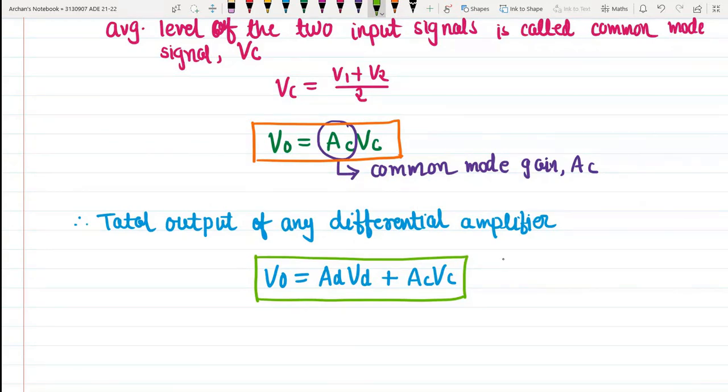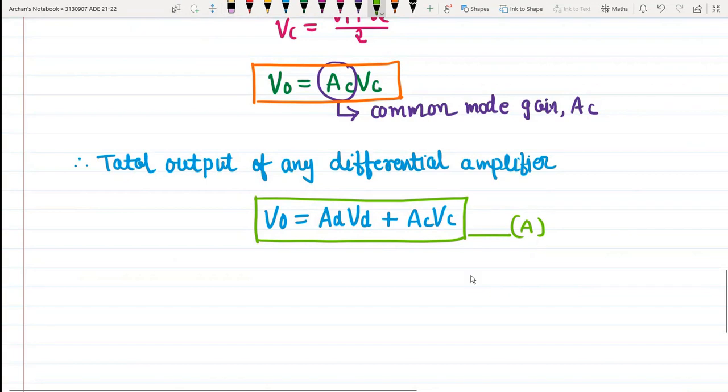Okay, now if you look back at this equation carefully, let us call it equation A. It shows that suppose one input is plus 25 microvolt, and another input is minus 25 microvolt.